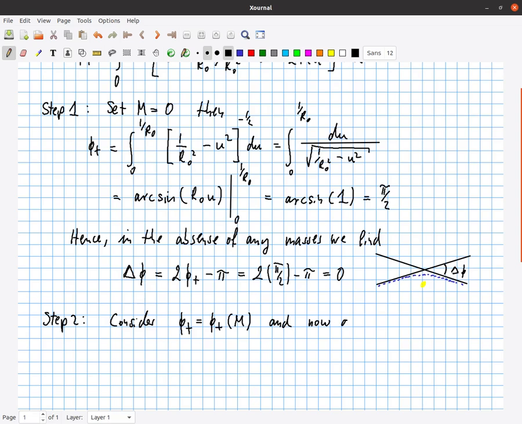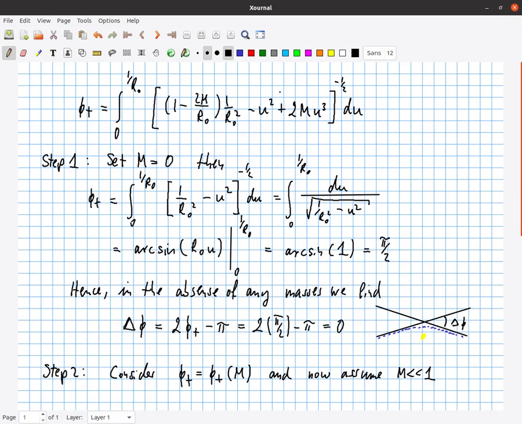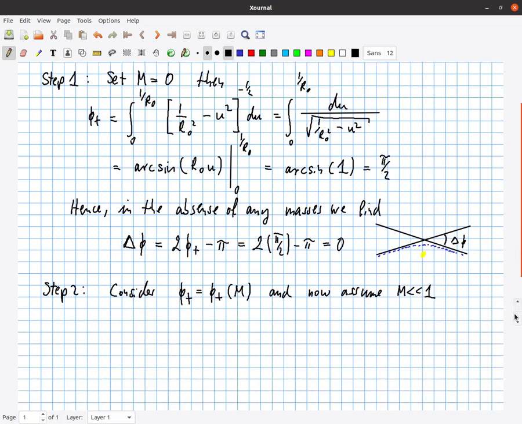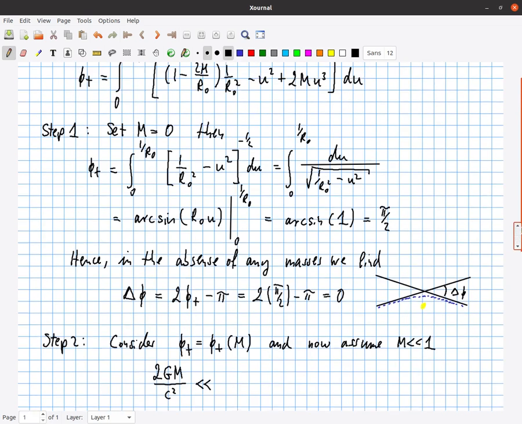And now assume m to be small. What I'm really trying to say here, recall that 2m over r naught is usually our physical mass that appears in the Schwarzschild solution. This has units of length. And again, we are assuming that this is much smaller than any radius we are working with. I said this when we looked at this integral.